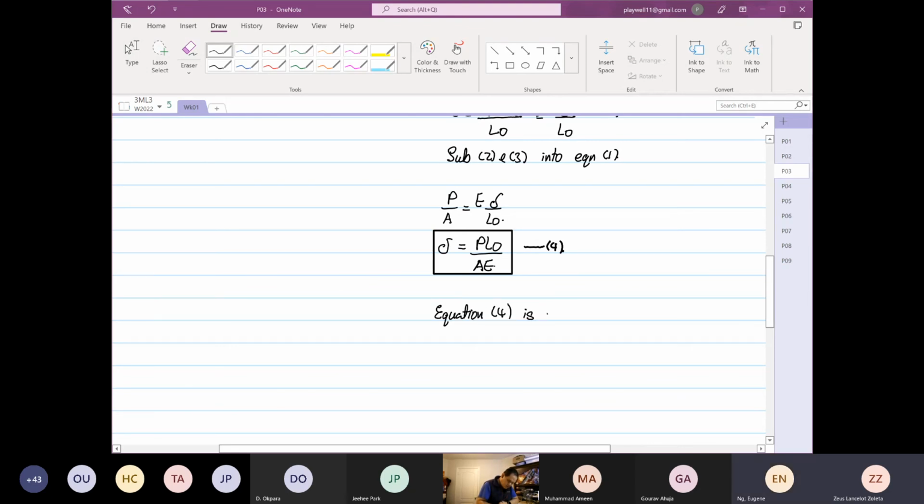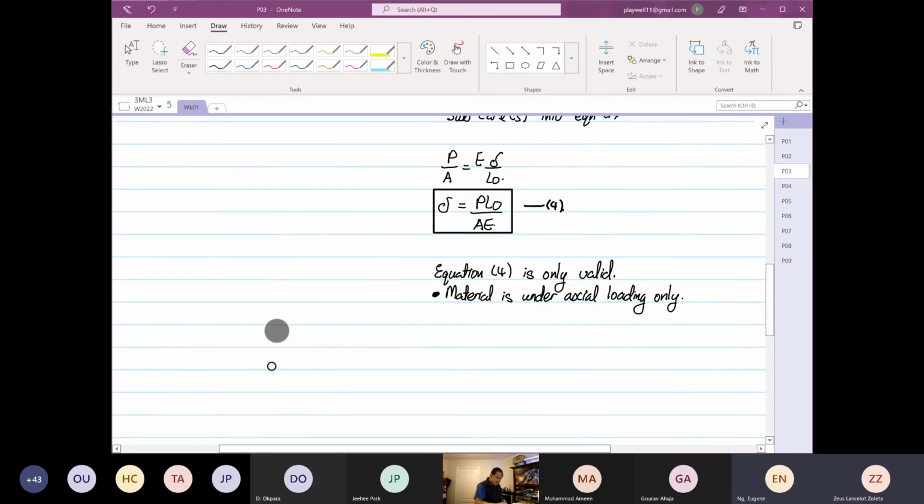Okay, so equation number 4 is only valid, okay, it's only valid in what situation? The first situation is the material is under axial loading only.